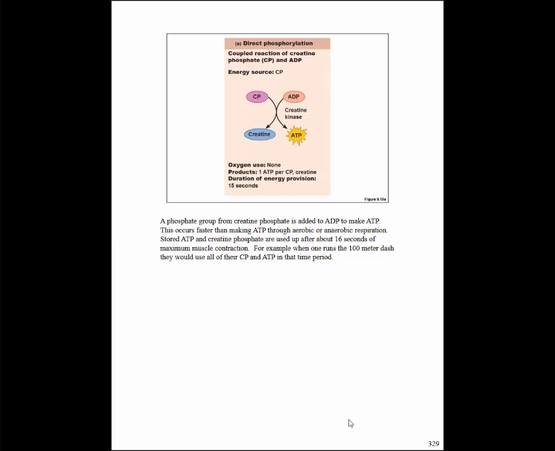But if I don't, I can rely on glycogen, stored glucose in my muscles. So we have about 5 seconds of stored ATP, 10 seconds of creatine phosphate, 30 to 40 seconds of stored glycogen or blood glucose. After that, we're in aerobic metabolism.